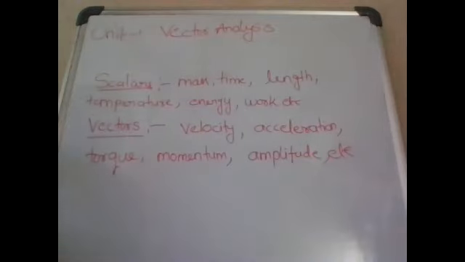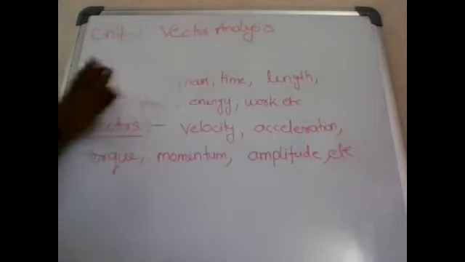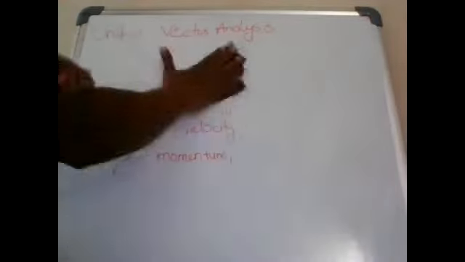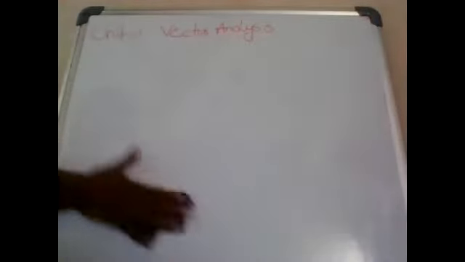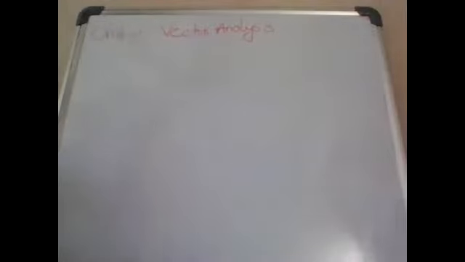So the vector examples are velocity, acceleration, torque, momentum, amplitude, impulse, and wavelength. So this is about the scalar definition and examples, and the vector definition and examples.